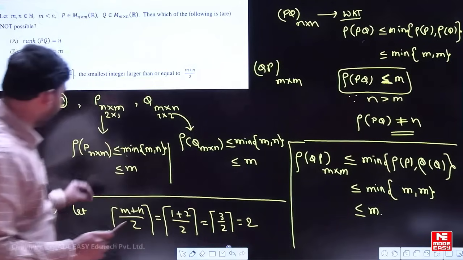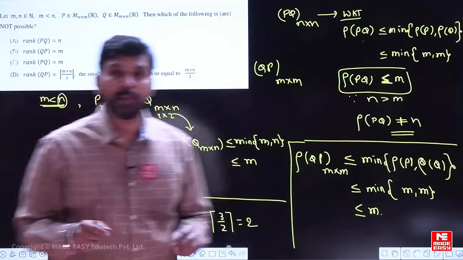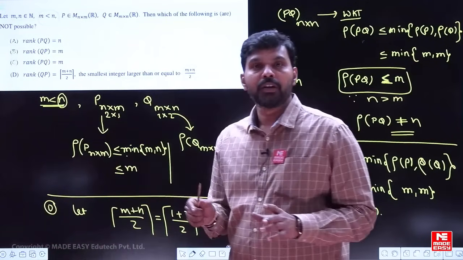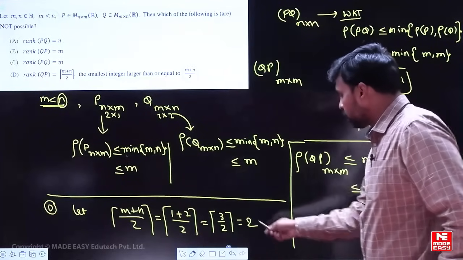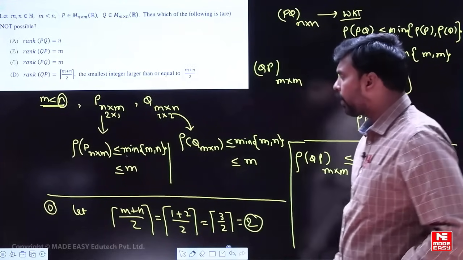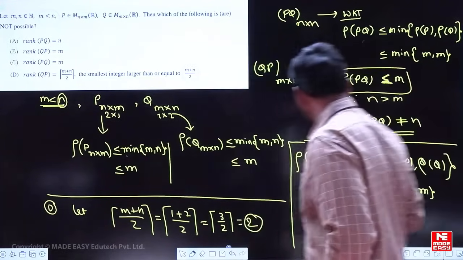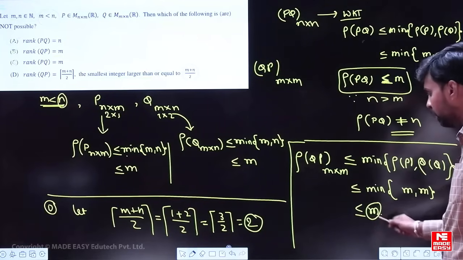So when you take the least values of m comma n, that is 2 cross 1, m comma n value as 2 cross 1. So in that case, the rank of QP, you should get m or less than m.